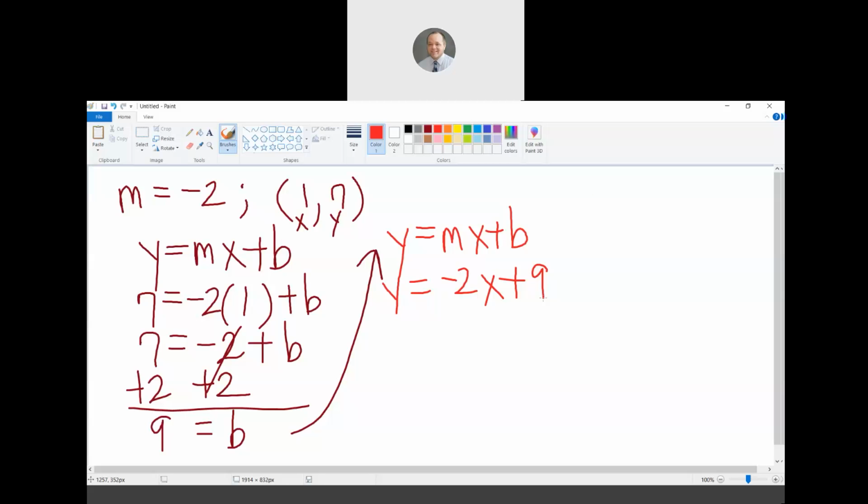But what if my math lab wants your equation in standard form? Well, that means you need to get the x's and y's on the same side. So we'll add 2x to both sides.